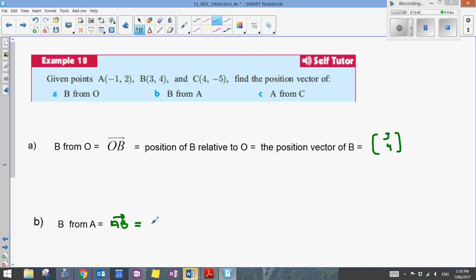As we discussed on the previous slide, that means we are going to take vector B, which is 3, 4, and subtract our position vector of A, which would just be -1, 2. So I'm going to find how far I moved from A to get to B. So I'll subtract B minus A. That means I have moved 4 units in the X direction and 2 units in the Y direction, and that is my vector AB.